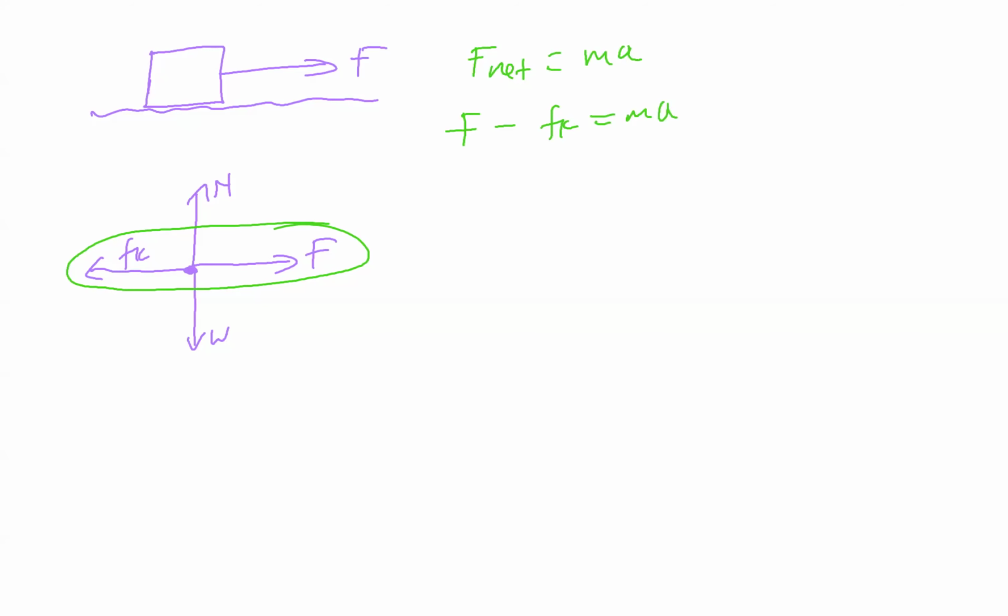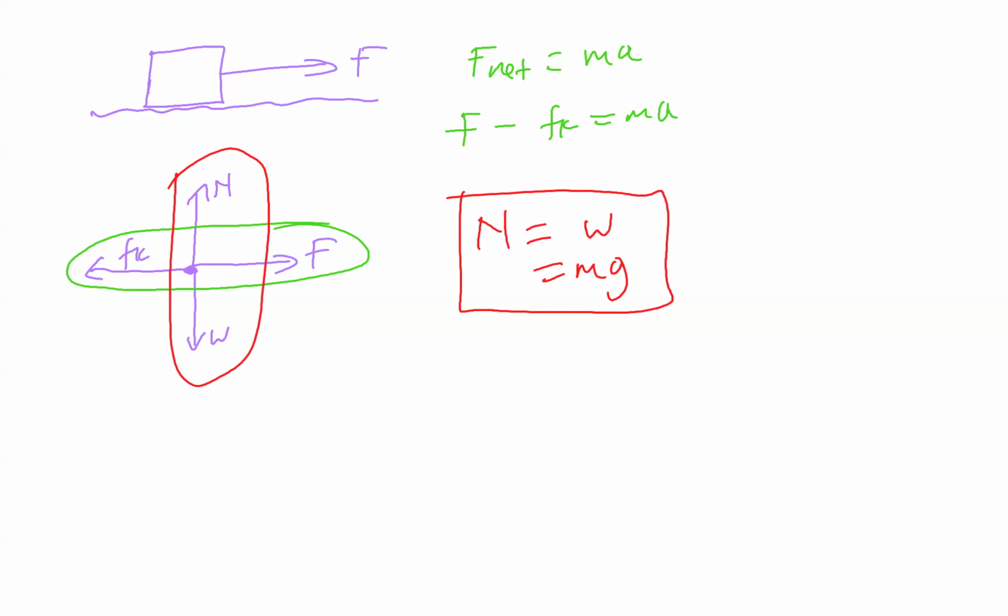But let us look at normal force. In this case, these forces are always at equilibrium. Therefore, normal force is equal to weight, which is equal to mg. Can you see that? Okay, now this is number one.